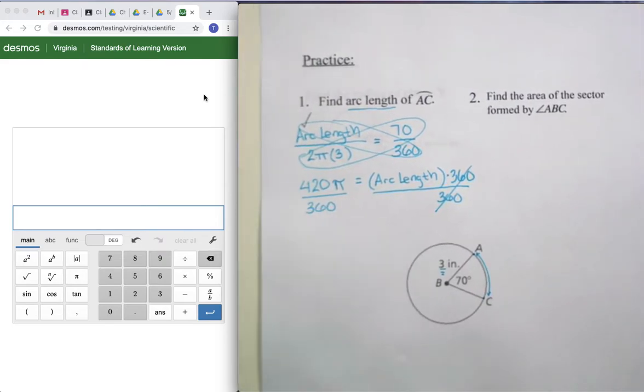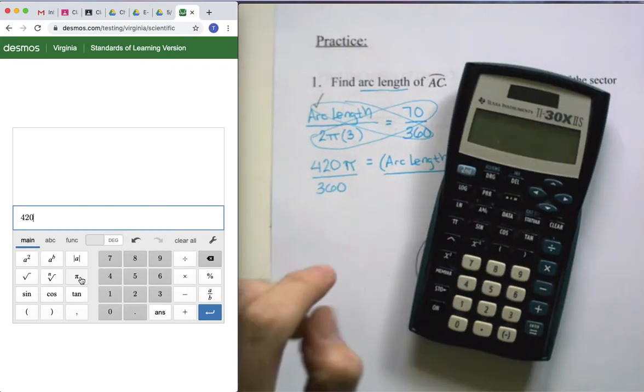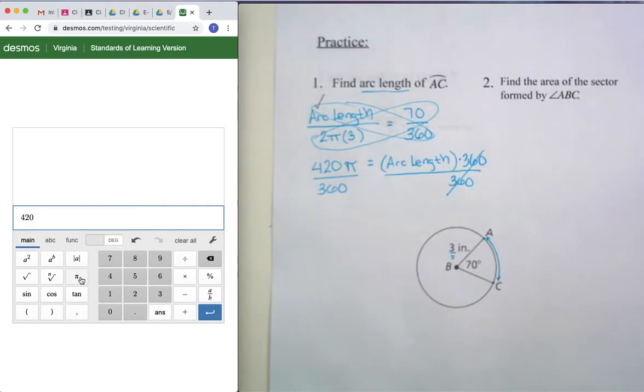Okay, so let's plug this into our calculator. I'm going to come over here to my Desmos calculator, and I'm going to say 420, here's pi. Okay, if you don't know where pi is on your calculator, if you have one of these blue scientific calculators, pi is right here. Otherwise, if you have a graphing calculator, it's usually on the right side of the graphing calculator.